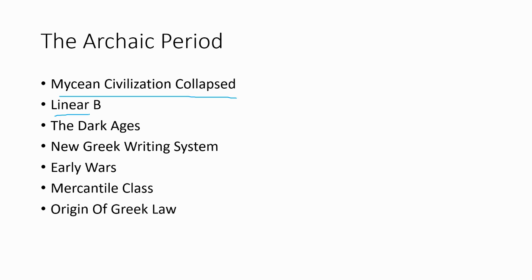There's also Linear A if you're interested. We know less about that than Linear B, but Linear B wrote in the Greek language. When Mycenaean civilization collapsed, we saw a loss of this Linear B, so there was very little to no writing in the region after the collapse. And this seems to correspond with the period after the Trojan War.